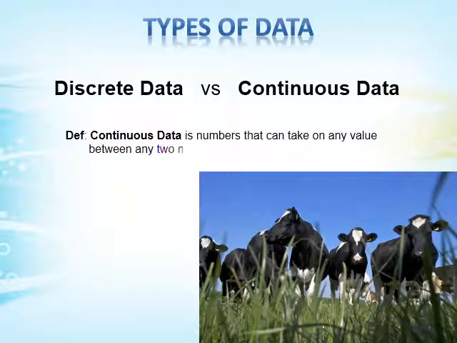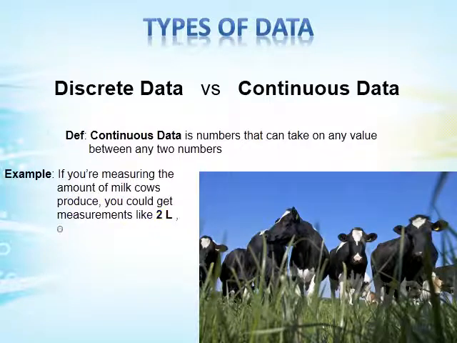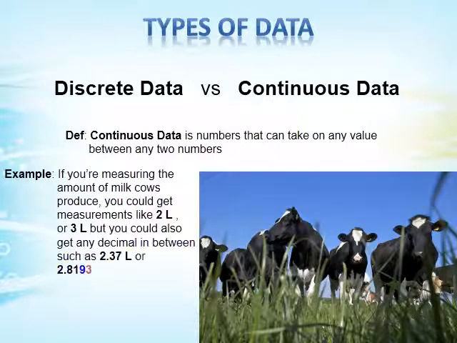So continuous data is numbers that can take on any value between any two numbers. So for example, if we're measuring the amount of milk that cows produce, you could get 2 liters or 3 liters of milk, but you could also get any decimal number in between those, such as 2.37 liters or 2.819328855 liters. So notice with the dice example we saw previously, we couldn't get a number such as 3.8721. We could only get 3, 4, 5, or 6.